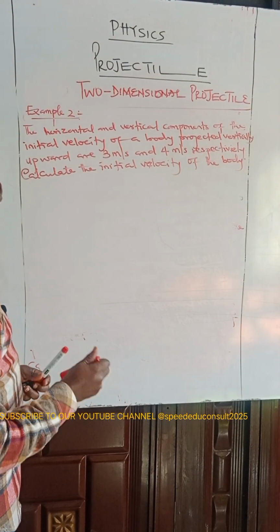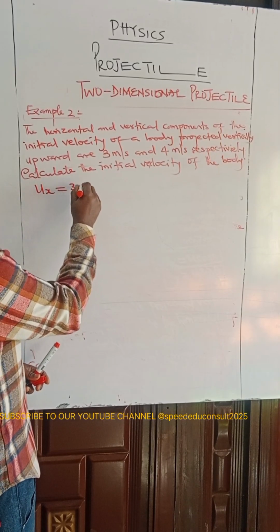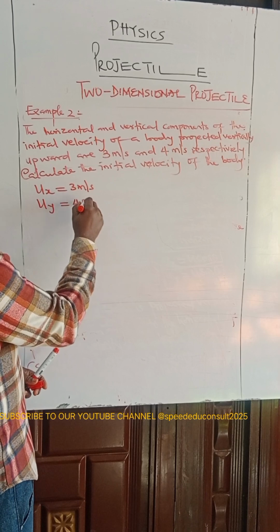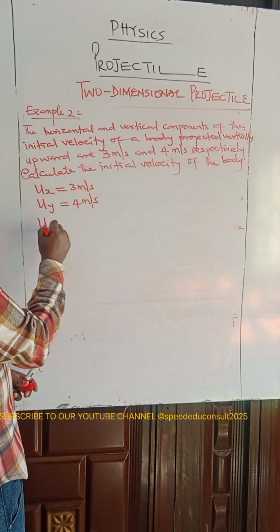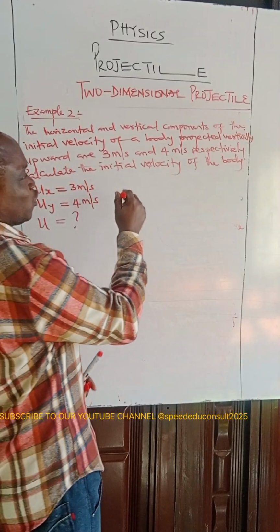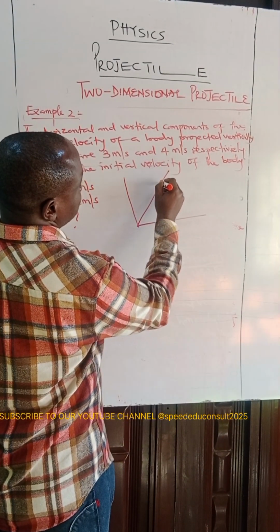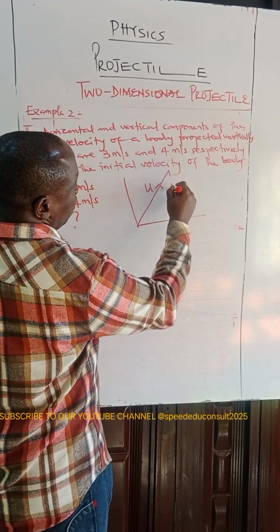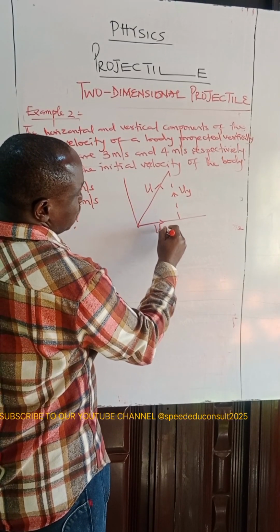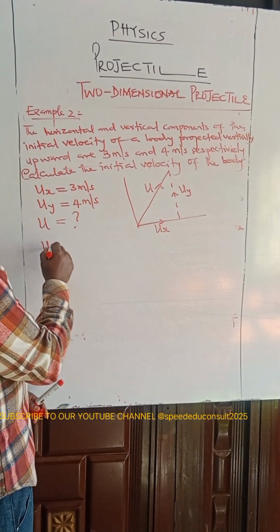Then we are using horizontal. Ux is given to be 3 meter per second. Uy is given to be 4 meter per second. And you have to find u. This is what we don't know. You must take note of that. You have resolved this into, this is u. This is the vertical, and this is the horizontal. Then you can use Pythagoras theorem.